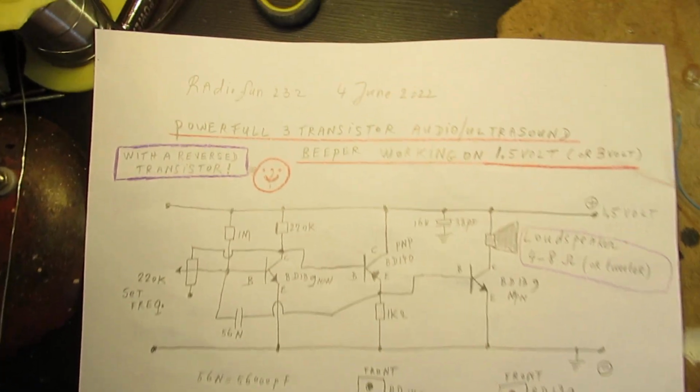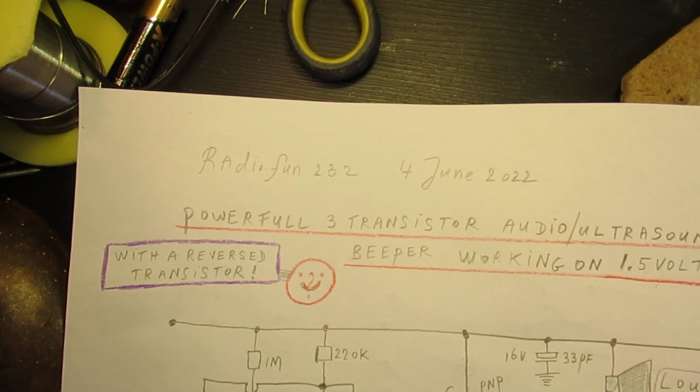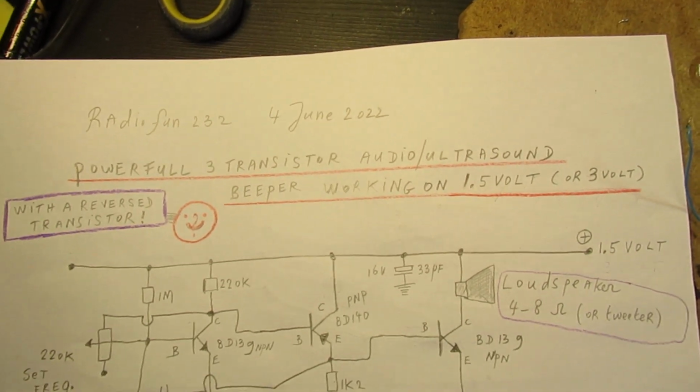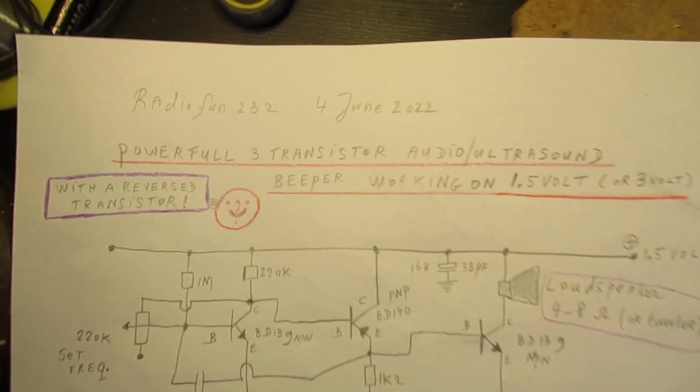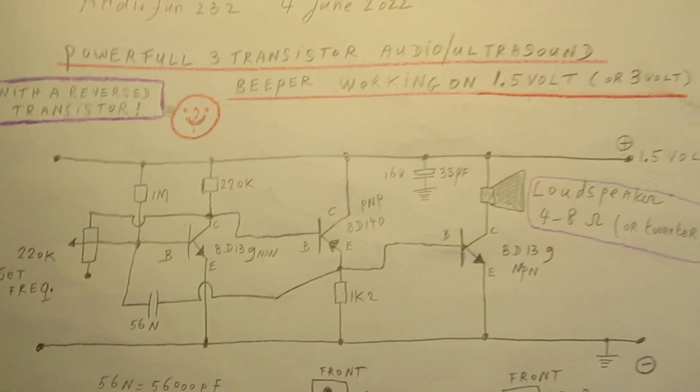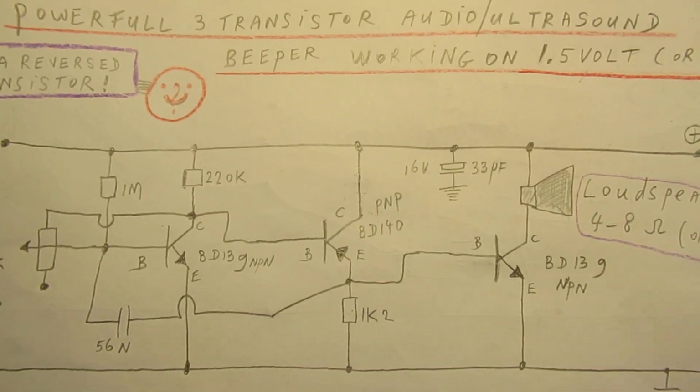So perhaps you can find, at least when you live in the Netherlands and you can read Dutch, these articles again. I want to focus now on only this circuit, and here is that reverse transistor.